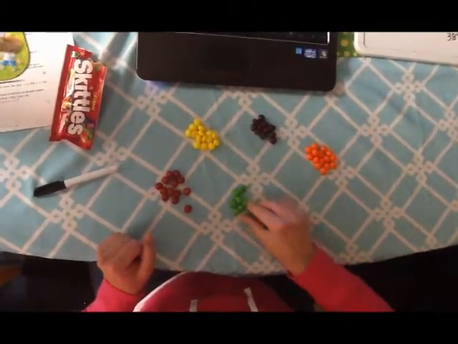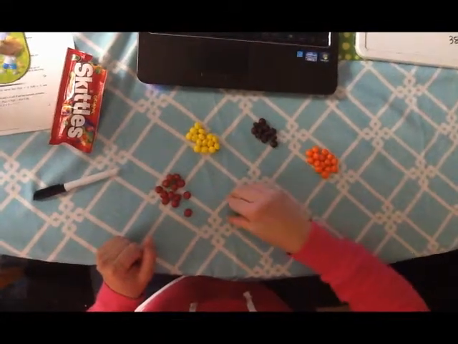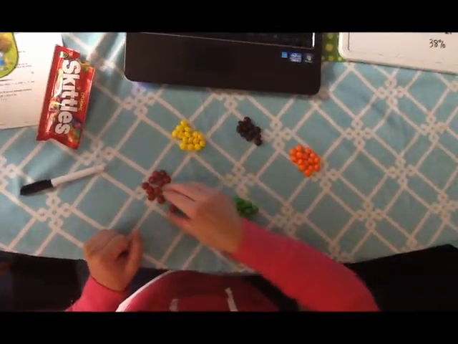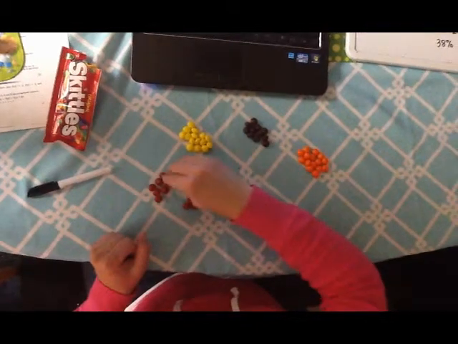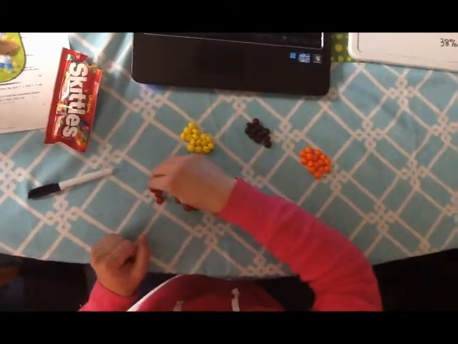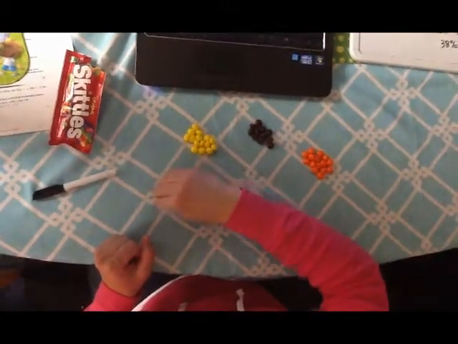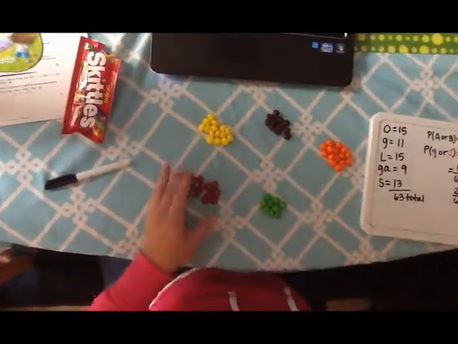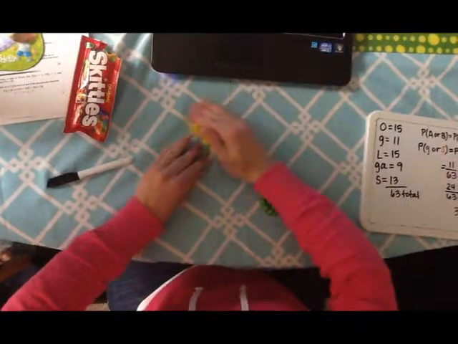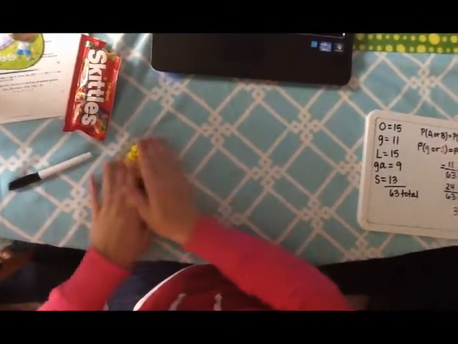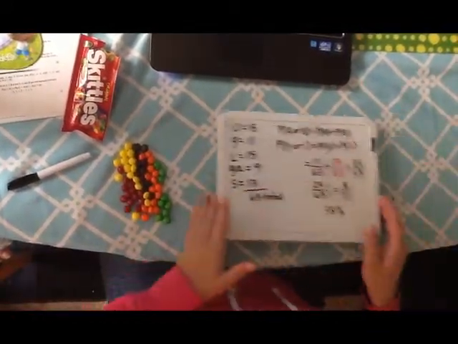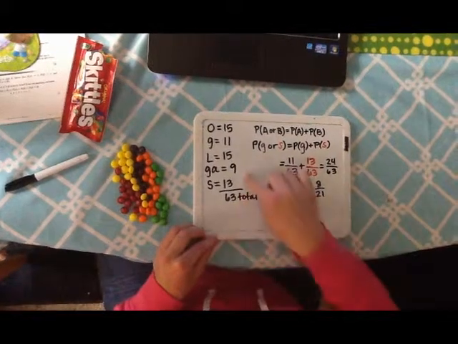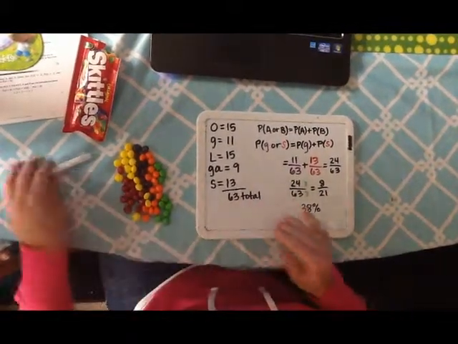Green apple, there's 2, 4, 6, 8, 9, and strawberry, 2, 4, 6, 8, 10, 12, 13. So there's a total of 63 Skittles. I've written it out.